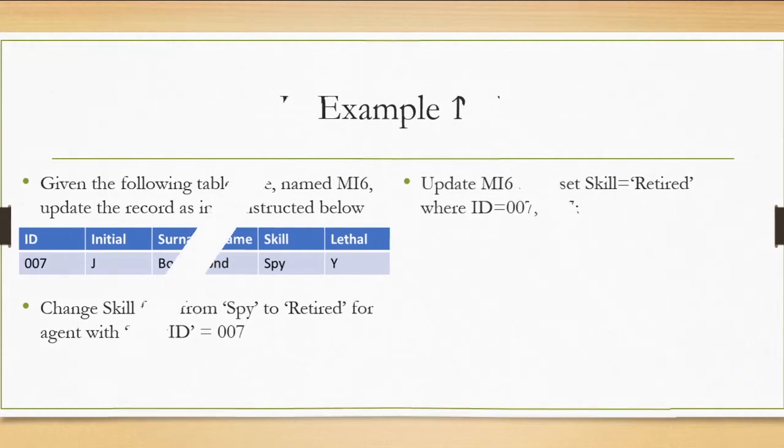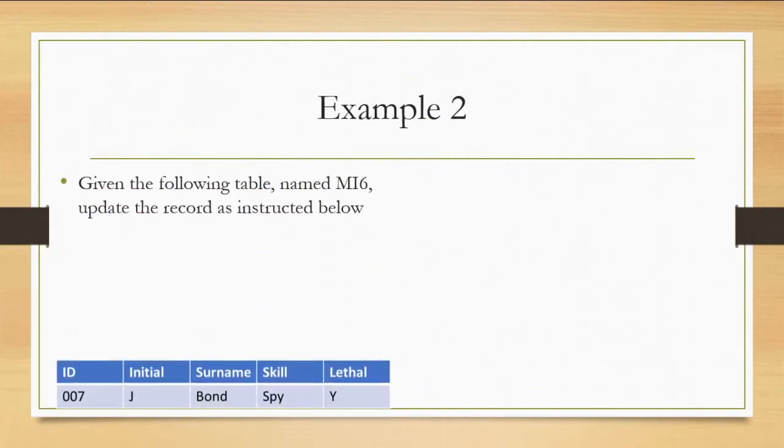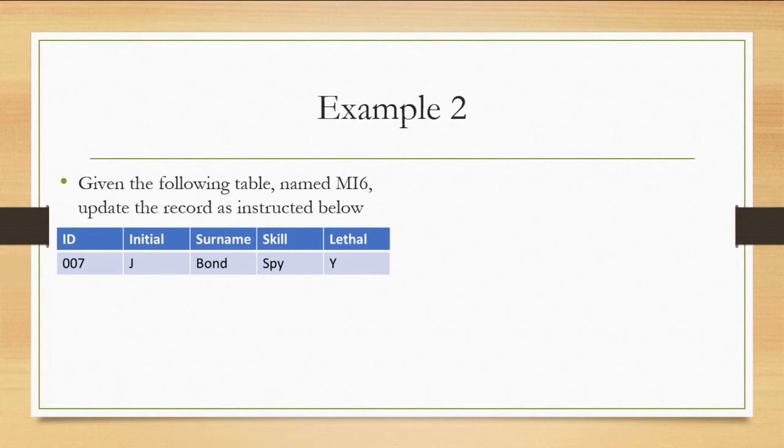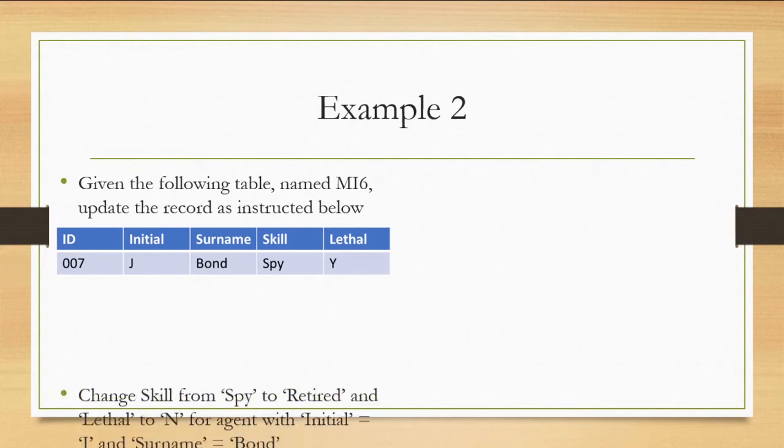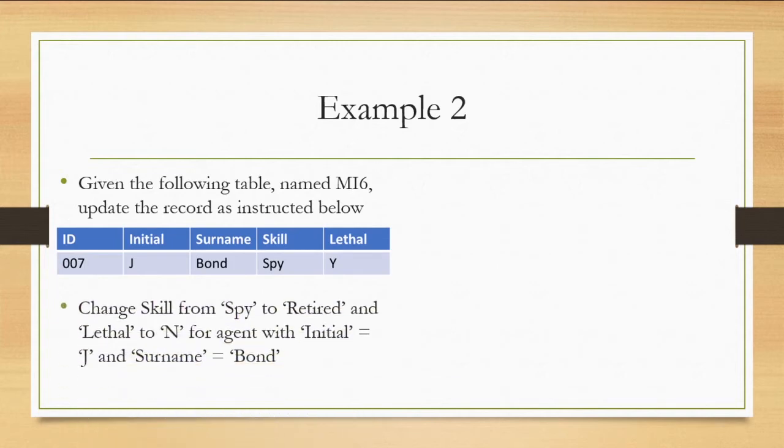Let's look at the second example. Again, given the following table named MI6, update the records as instructed below. Change skill from spy to retired and lethal to N for agent with initial J and surname Bond. Pause the video here and work out the SQL statement for yourself.